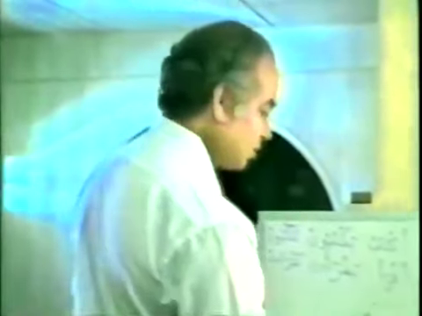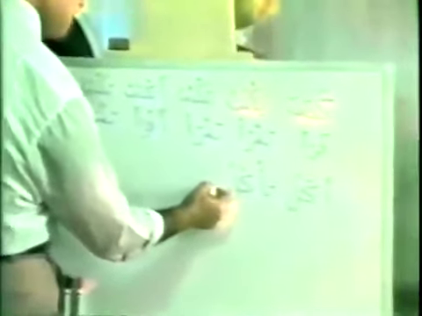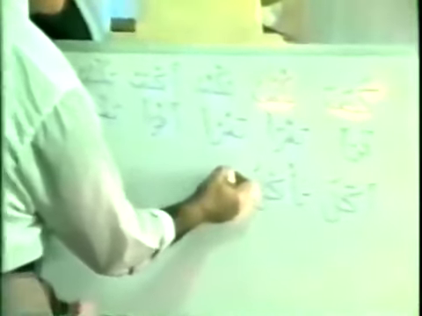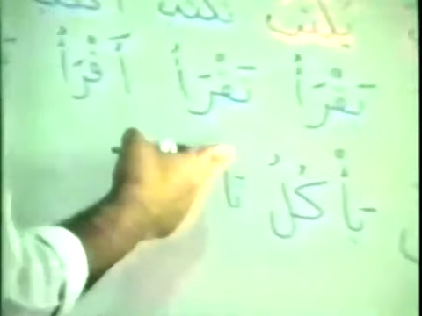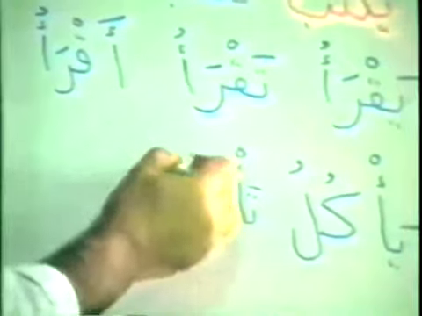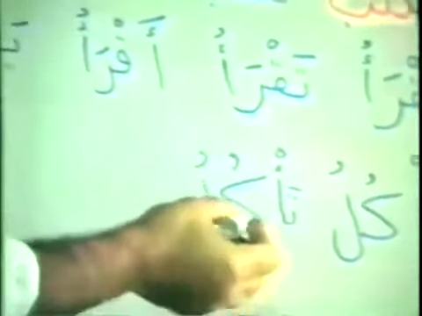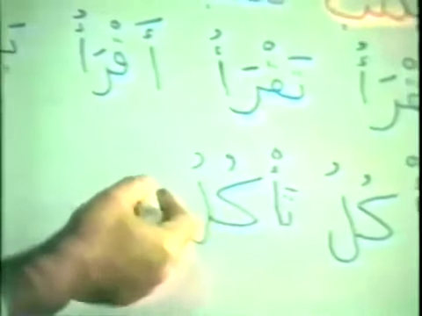So now let us go to the next word as far as the root word akala is concerned, which means to eat. Now, she eats would be ta'kulu. Excuse me, this will be a sukun here. Ta'kulu means she eats, or you, singular, eat.